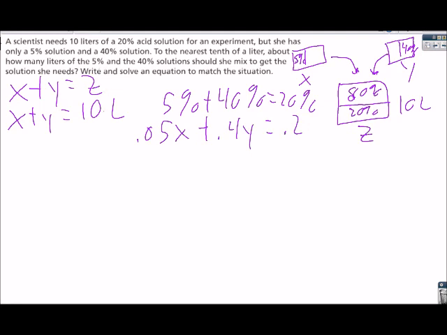Z is going to be 10 liters. That way, we know how much acid we're talking about. Because we can't add just acid and acid, we have to talk about the whole thing. We're going to multiply the whole thing by how much of that is acid. So when I do that, 2 liters of this whole thing is acid. So now we can talk about this 40% and this 5% in the form of acid.